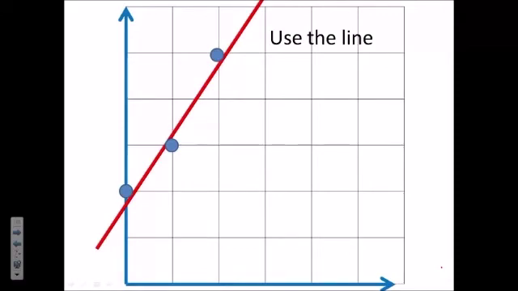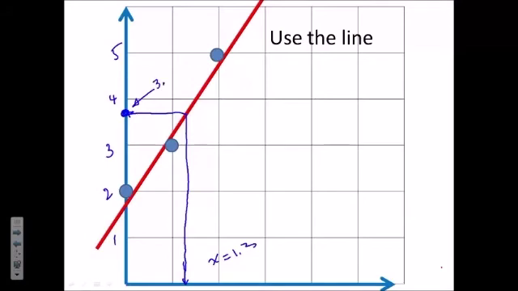x is 1.3. 1.3 is about here. So if we proceed vertically up to the line, and then we're going to go over to the y-axis, the value of y would be this point here, which is going to be 3 point something.